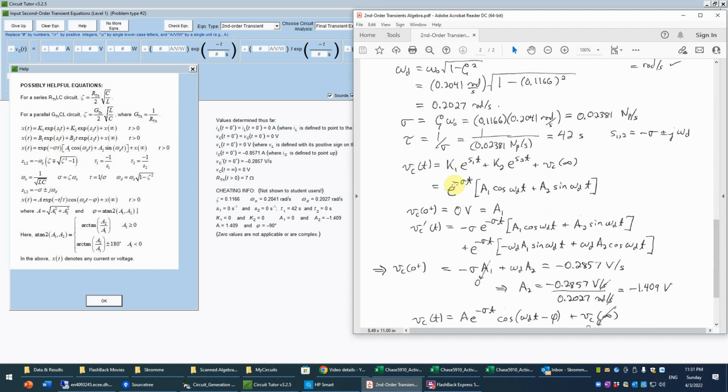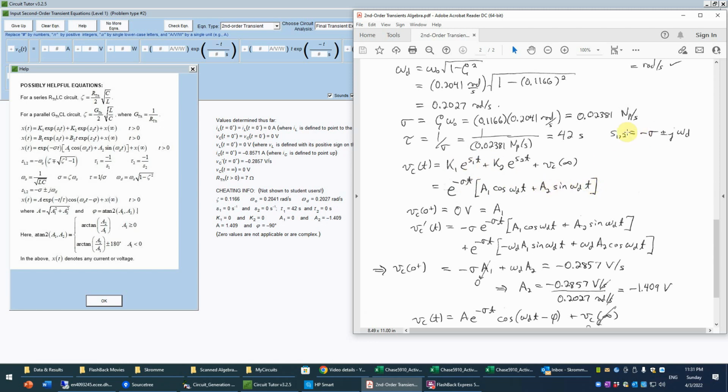And we know that, as shown in the introductory tutorial, using the Euler identities, the e to the S1t and e to the S2t, since S1 and S2 are going to be complex numbers in this case, can be profitably rewritten in terms of sine and cosine. Going through the algebra, that converts into something with two new constants I'm calling A1 and A2 for the coefficient of cosine omega dt and for sine omega dt.